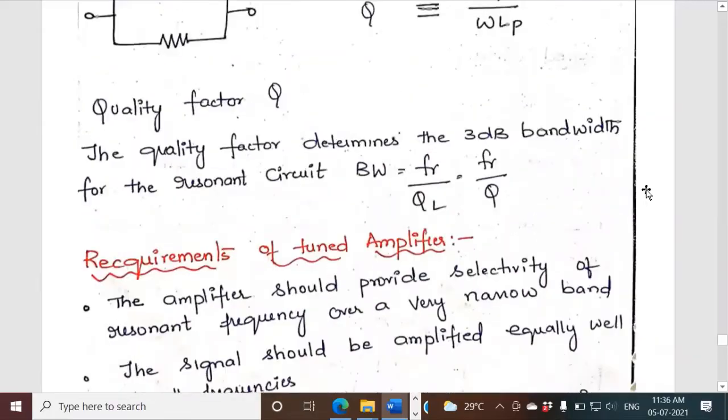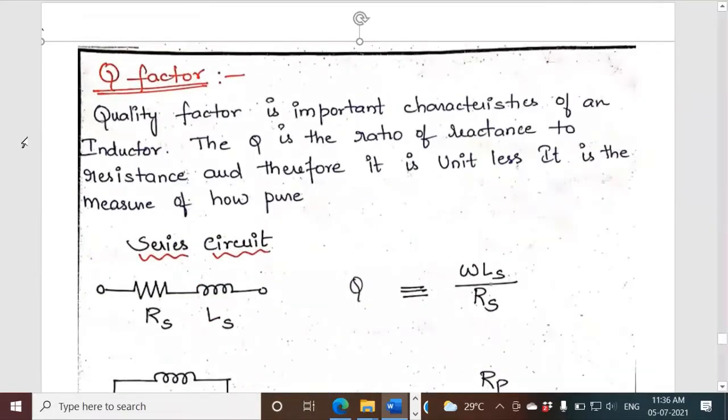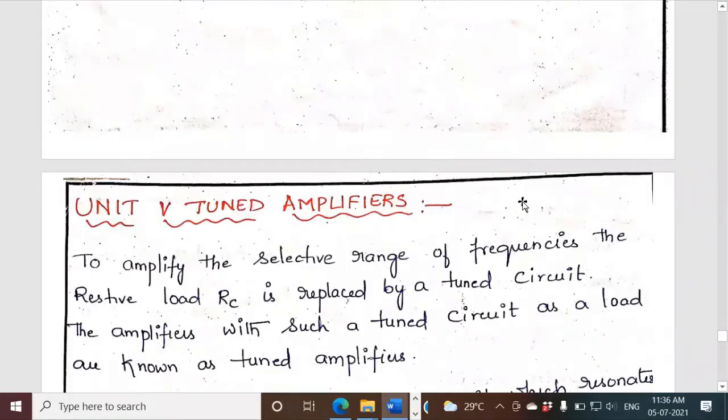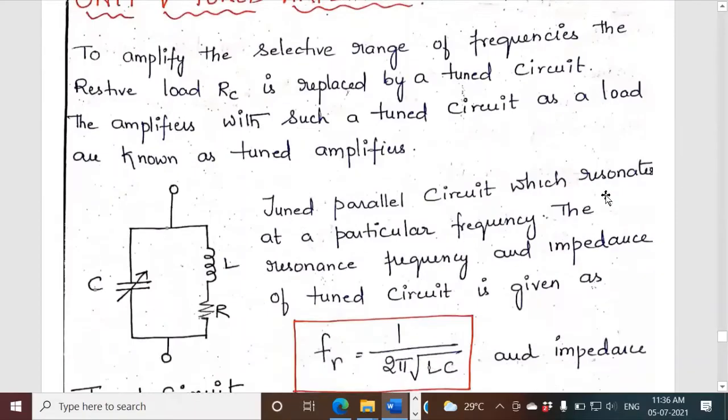So what have we discussed so far? We started tuned amplifiers. We understood that tuning can be done using inductors and capacitors.